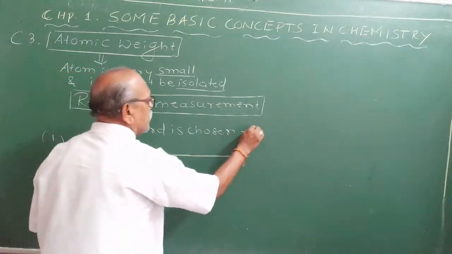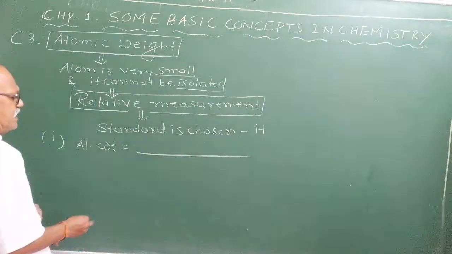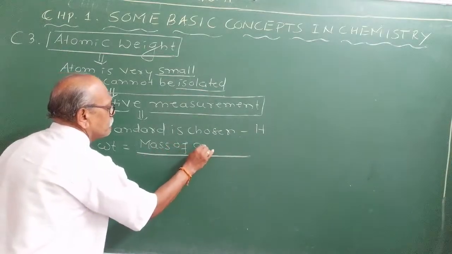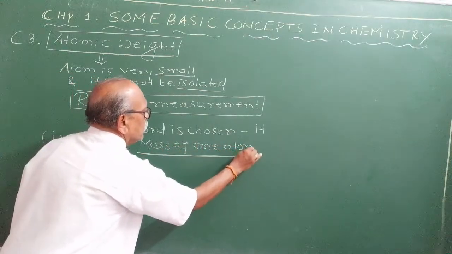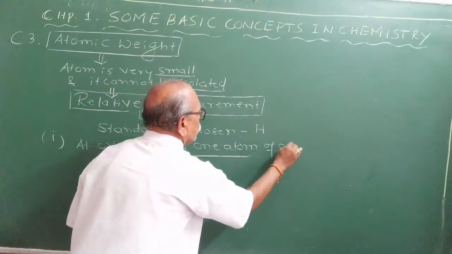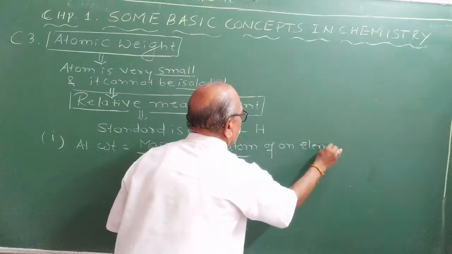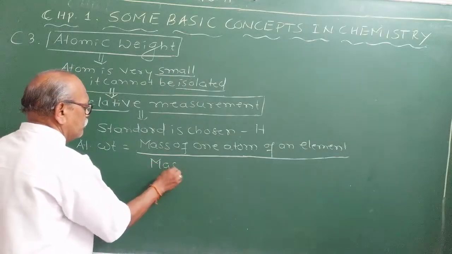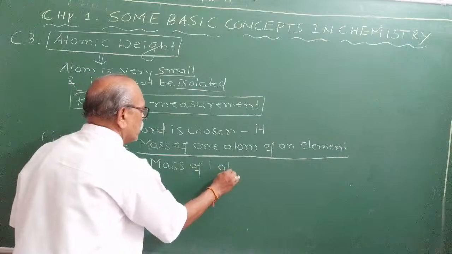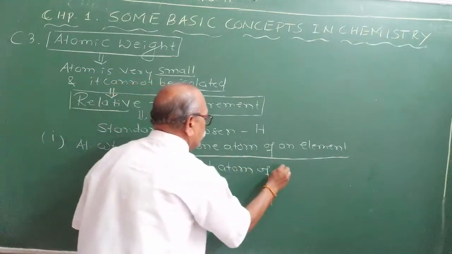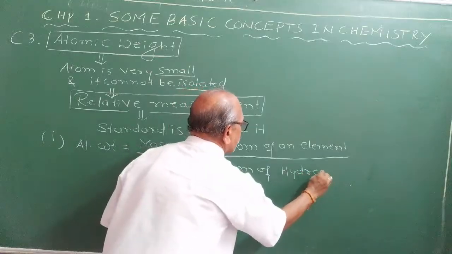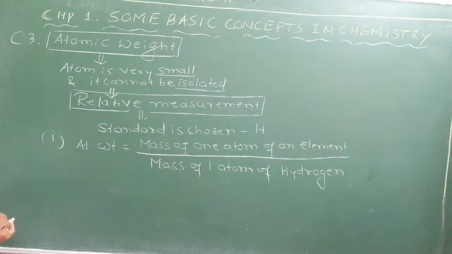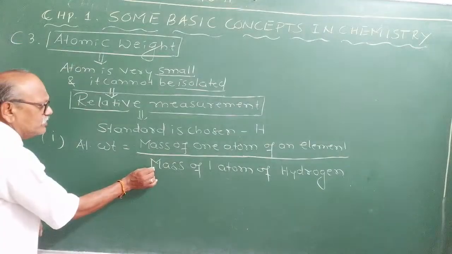If you take hydrogen as the mass of one atom of an element, mass of one atom of hydrogen, this hydrogen is considered as the lightest element. Therefore, hydrogen standard was used.